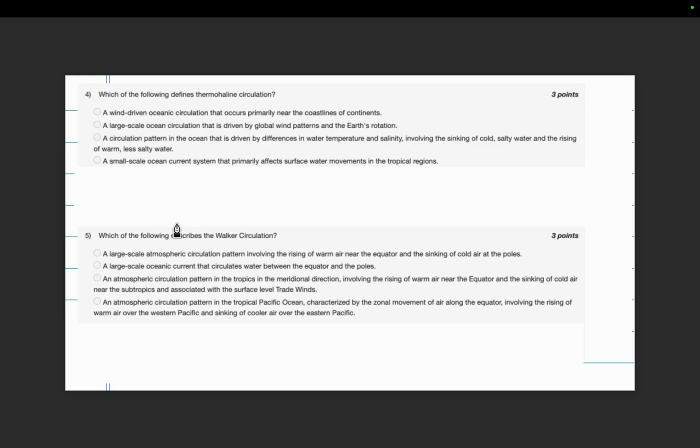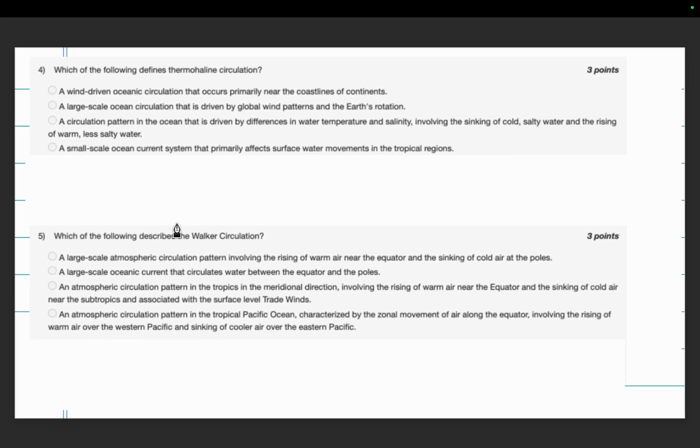Now question 4. Which of the following determines the thermohaline circulation? Option 1, a wind-driven oceanic circulation that occurs primarily near the coastlines of the continents. Option 2, a large-scale ocean circulation that is driven by the global wind pattern and the Earth's rotation.